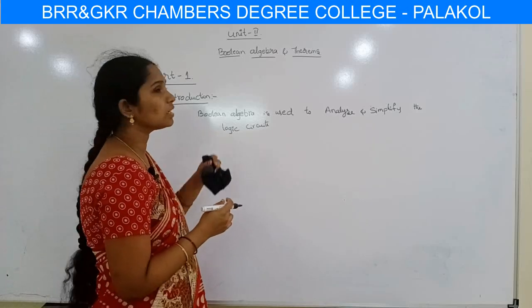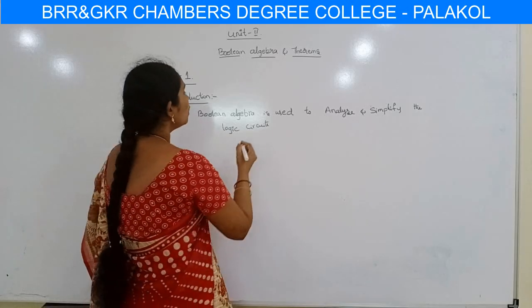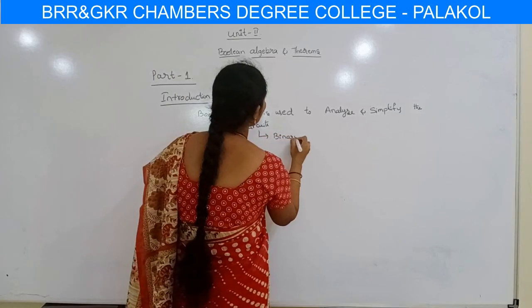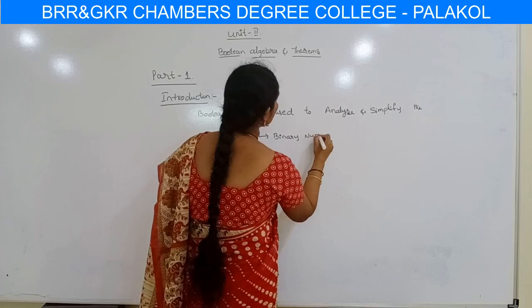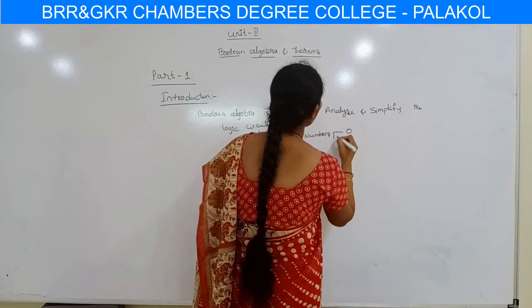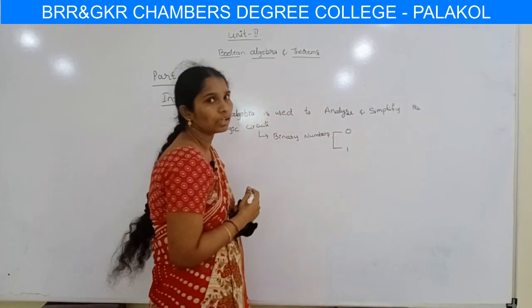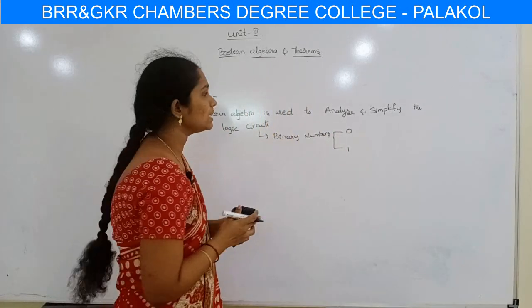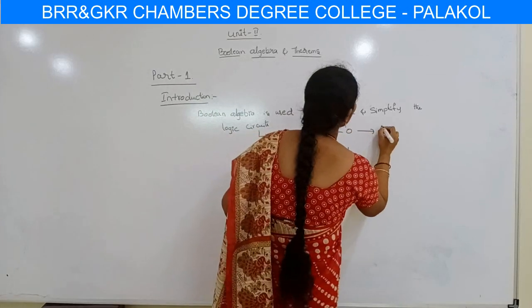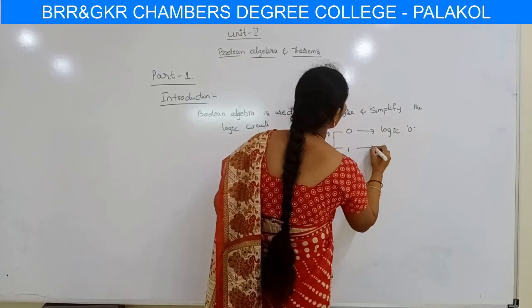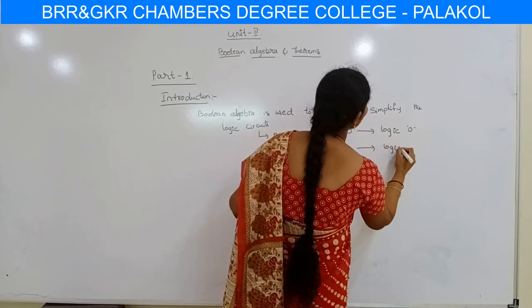The logic circuits can understand only binary numbers. Those binary numbers are 0 and 1. In Boolean algebra, this is a logic 0 and this is a logic 1.